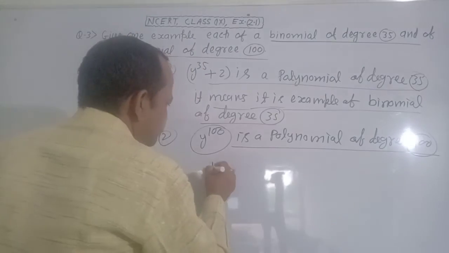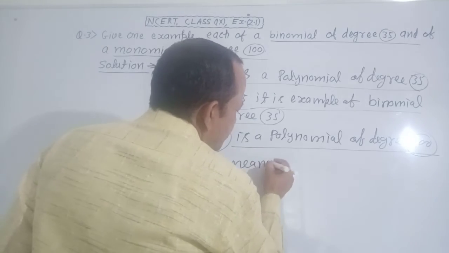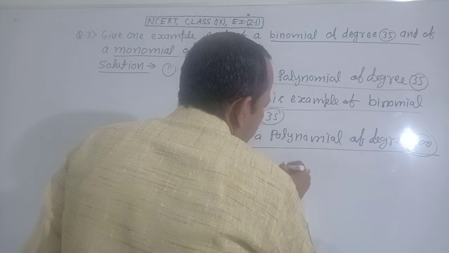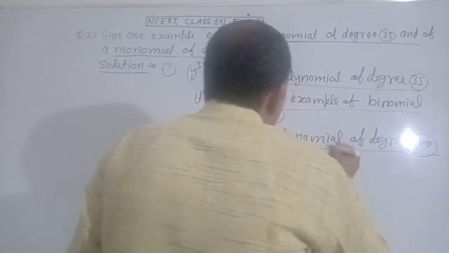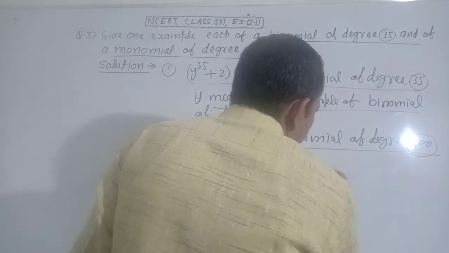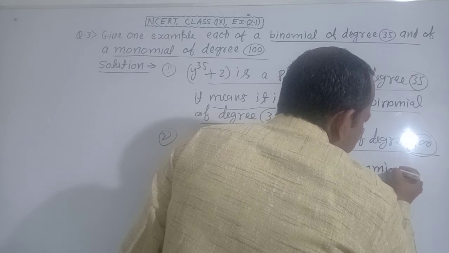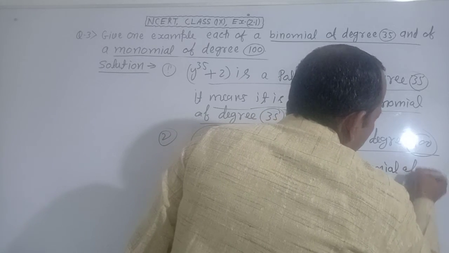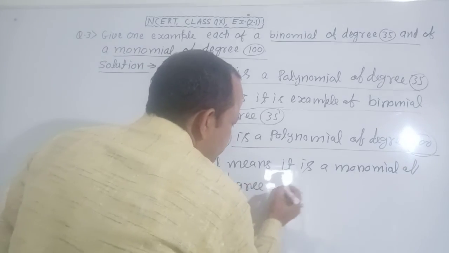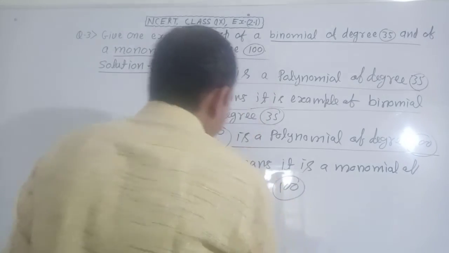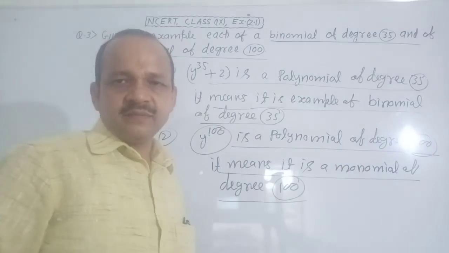It means it is a monomial of degree 100. It is a monomial of degree 100.